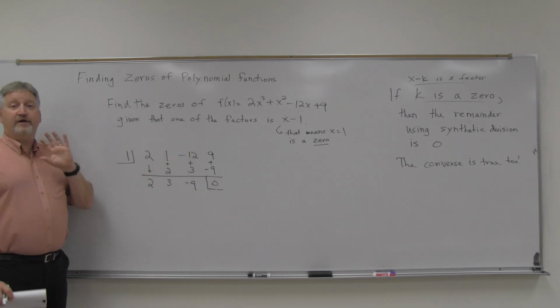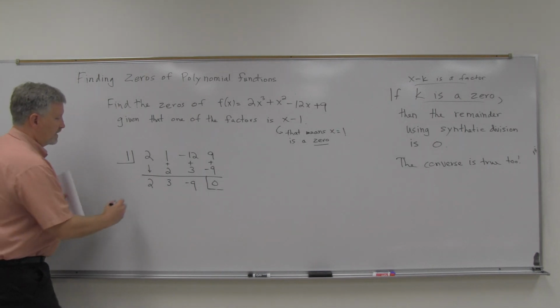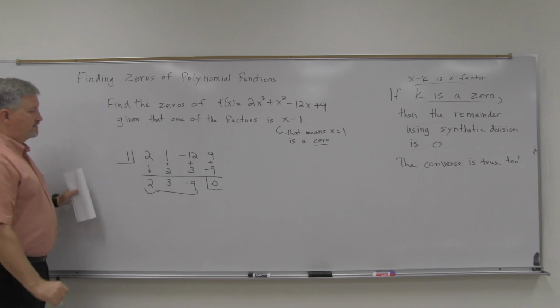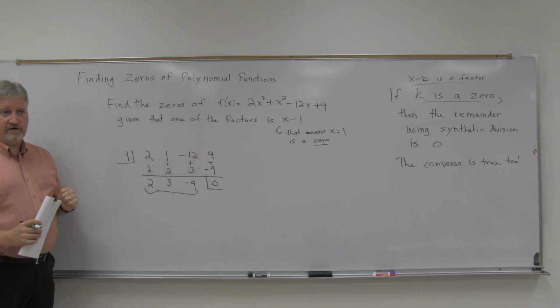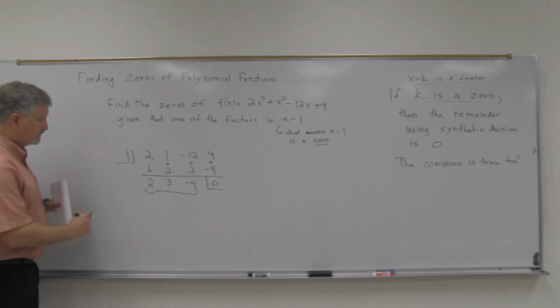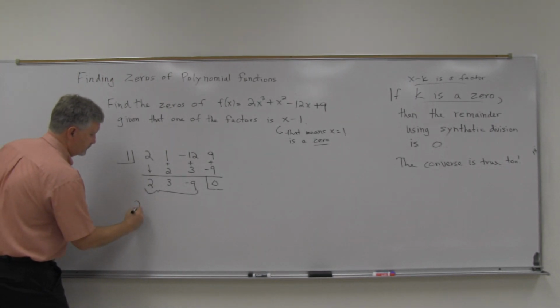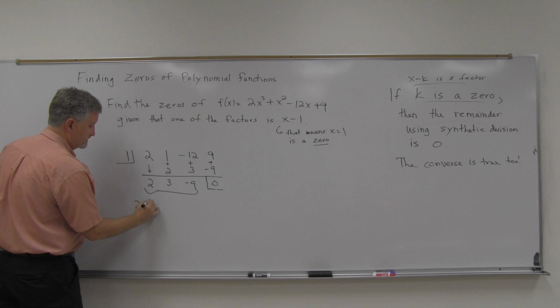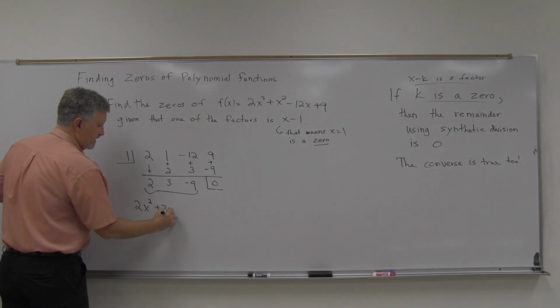But here's what else that gives us, though. Alongside here, remember that's the coefficients of our quotient. And so that would be 2x squared, one degree less, plus 3x minus 9.